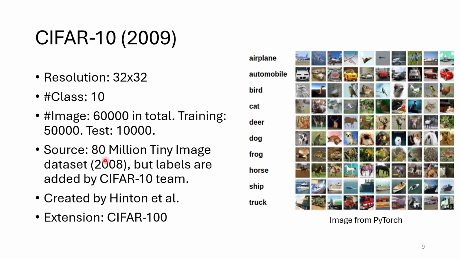Okay. So this is another famous dataset called CIFAR-10. So who is the compiler? It's Hinton. So I should say, who is Hinton? He is the winner of the Turing Award in 2018.